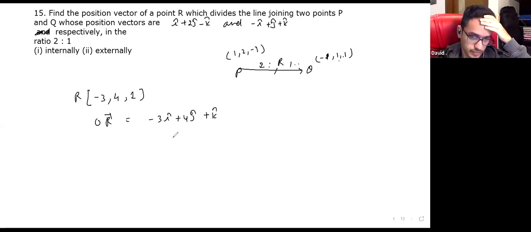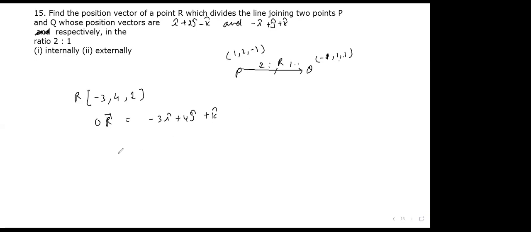So the position vector of R is minus 3i cap plus 4j cap plus 1k cap. This is the internal section.